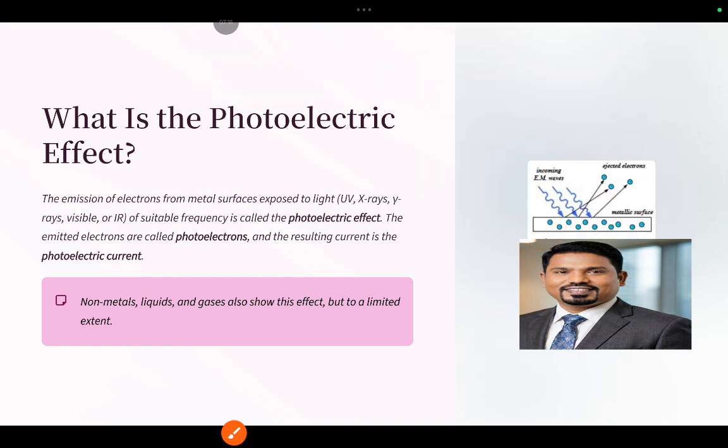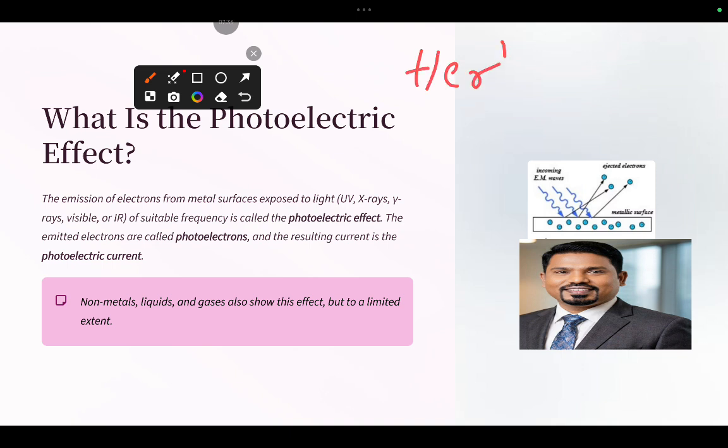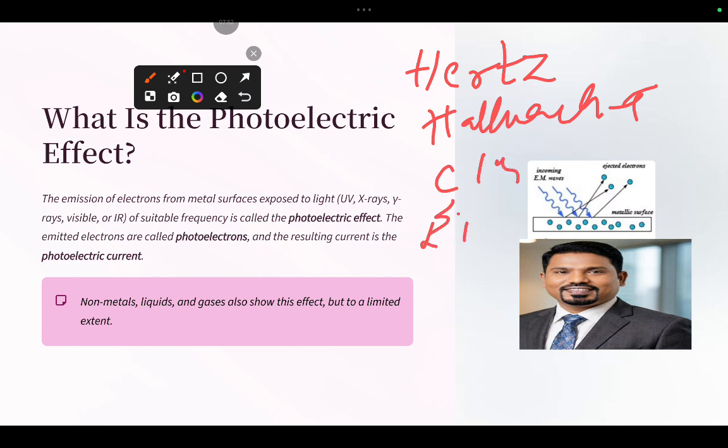This is not a single-day discovery. The photoelectric effect was developed by many scientists. The first was the early observations by Hertz, then Hallwachs, Thomson, then classical theory, and finally Albert Einstein.